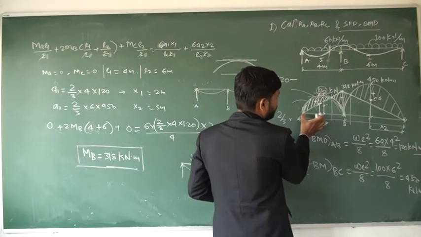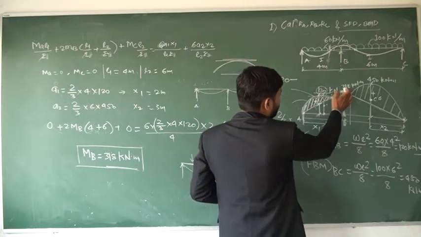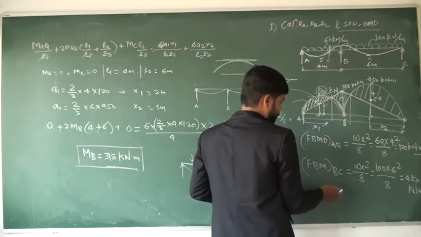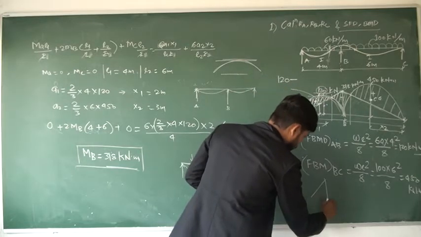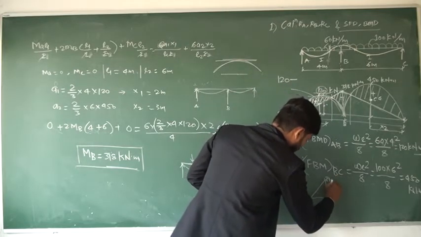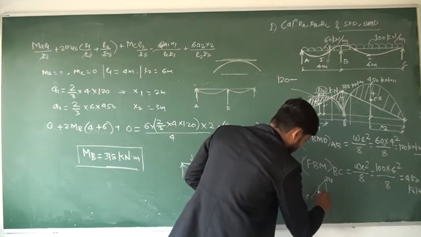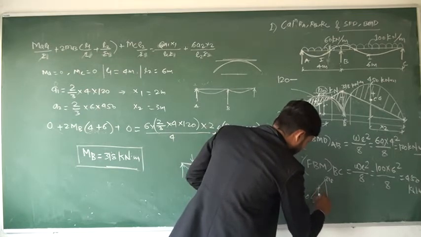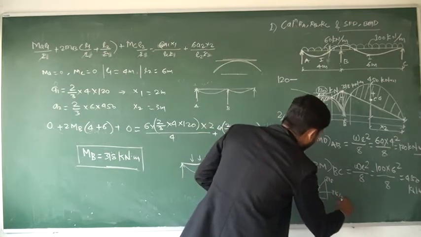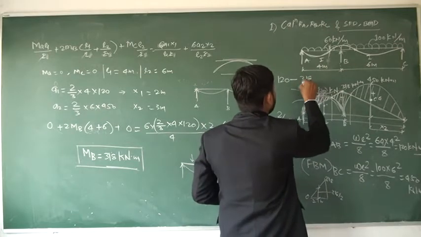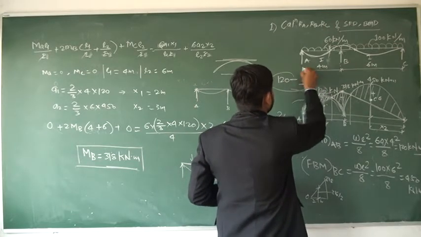So what will be the negative bending moment here? 318 divided by 2. See, it's interpolation. Here it is 318, here it is 0. So what will be the bending moment at this center? Definitely 318 divided by 2, so minus 318 divided by 2. So what is this answer?